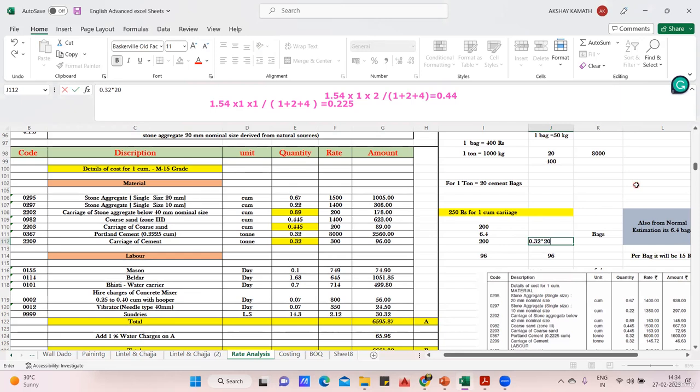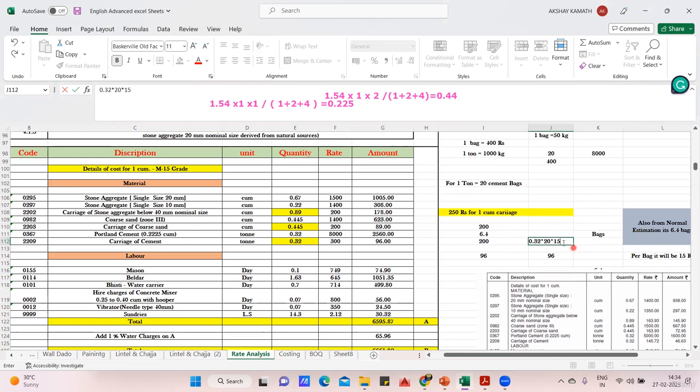And usually, you have to check, if you want to transport a cement bag from one place to another, how much will be the carriage charge? Usually in the market, for a 50 kg bag, people will charge 10 to 15 rupees for transportation. So I'll consider 15 rupees here. The transportation cost for one single bag is 15 rupees.